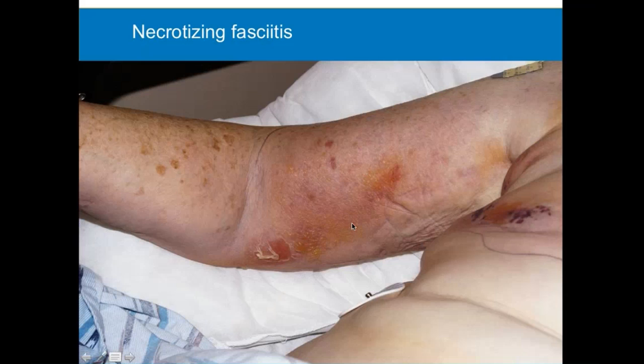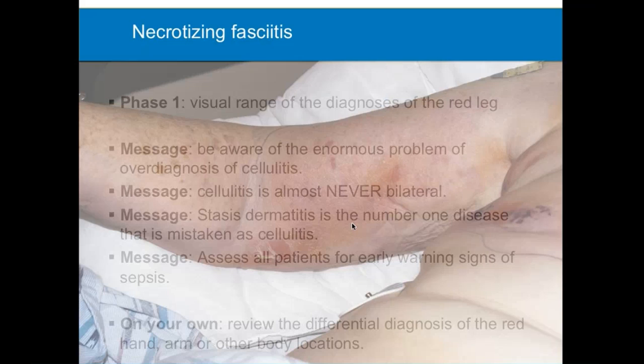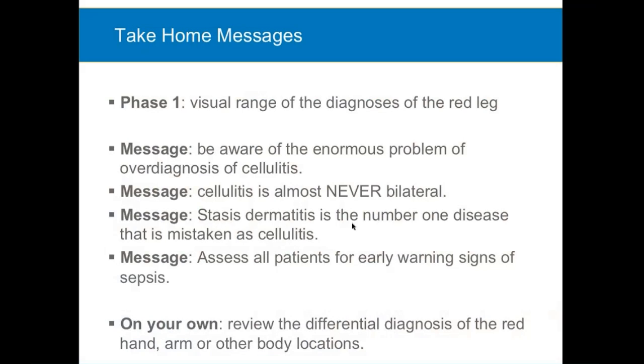And it's important to know that necrotizing fasciitis is usually caused by streptococcal infections after skin trauma. So the take-home messages are, really know that there's a wide range of diagnosis of the red leg, and just be aware of the enormous problem of overdiagnosis of cellulitis. Cellulitis is almost never bilateral.